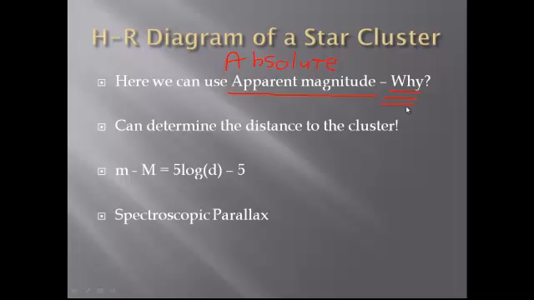But when we come to a cluster, we can use the apparent magnitude because the distances are the same. They are all at the same distance. Not exactly, yes, some of them are a little closer, some of them are a little farther away. But the size of that cluster is much, much smaller than the distance to it.